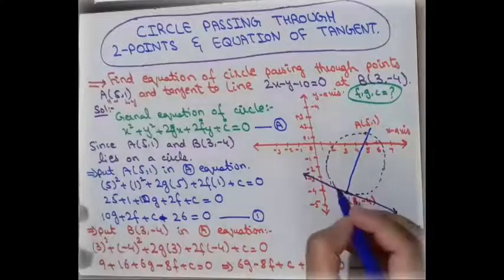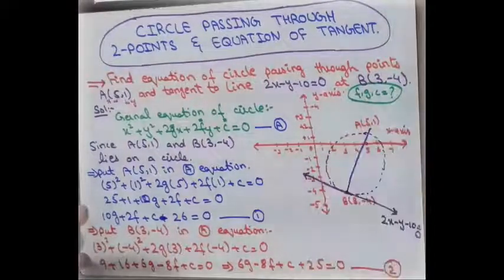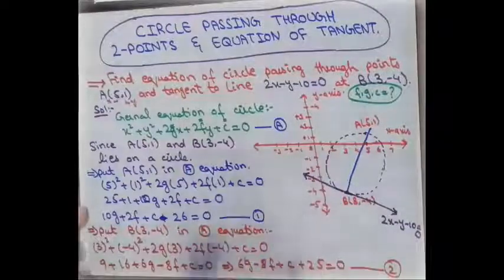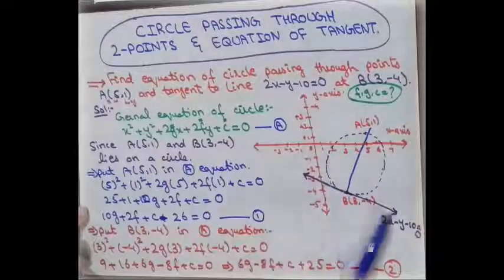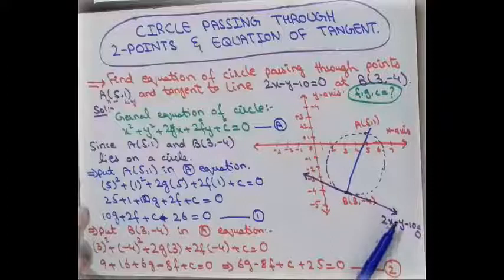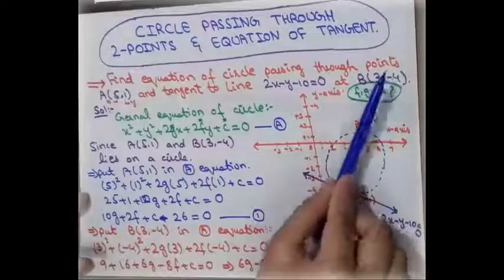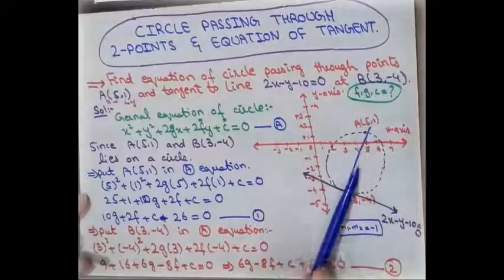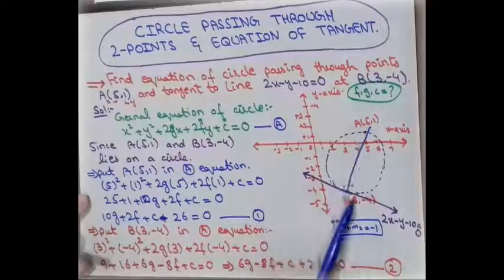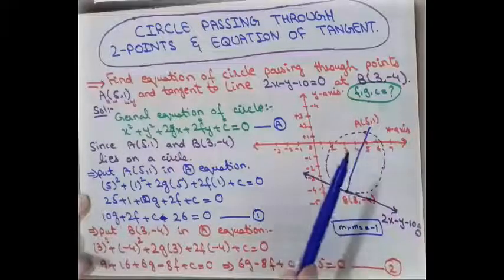For this, we find the slope of this perpendicular line that we draw, and we know the slope of the tangent line from the given equation. This perpendicular line that we draw at this point is called a normal.